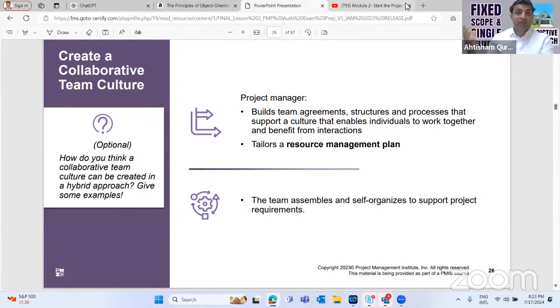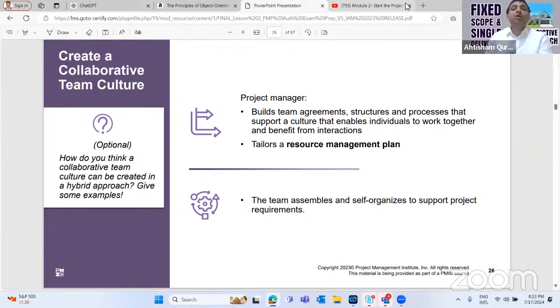Within no time, or with some time, he has to develop this understanding through group exercises and by collaborating with them, understanding the vision, objectives, deliverables, and scope of work, so that everyone is aware of the project objectives. As I said, projects are done by teams, not individual people.